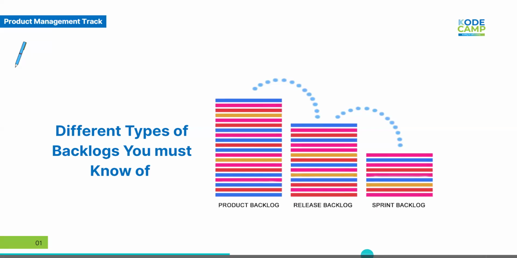Now, from this master list that you have, when it's time to deliver a version of your product, maybe let's say version 1.0 or 2.0, that's where the release backlog comes in. Now, the release backlog is the second one, right? The goal for this version is a temporary subset of the product backlog.